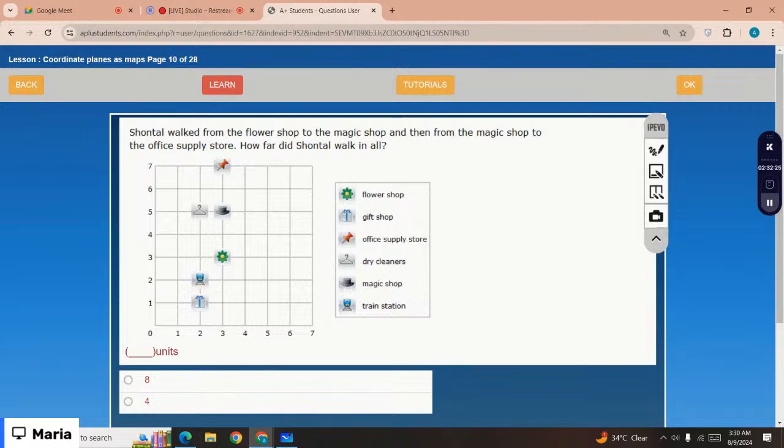Flower shop to magic shop. The correct option is 4. Option number 2 is the correct option. Okay, you can complete the lesson by yourself later today. Let's move on to the next lesson.